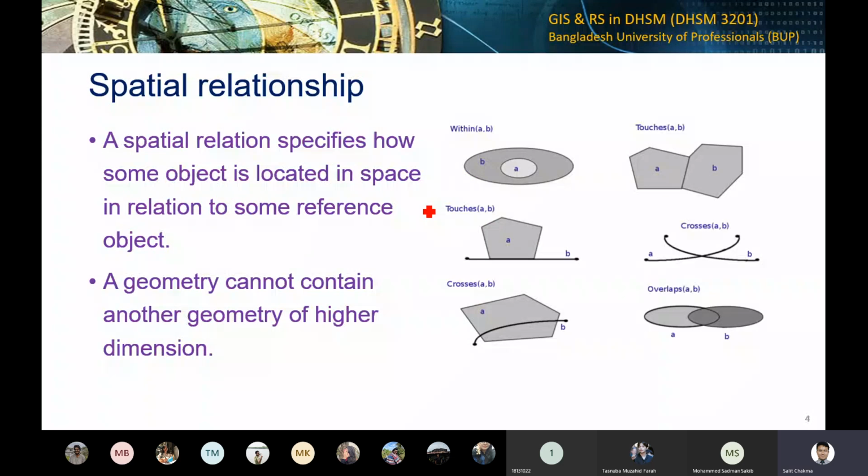So spatial relationship identifies in topology how things are located. So we can identify that one feature is within another feature. For example, A is within B. We can say whether they touch each other.